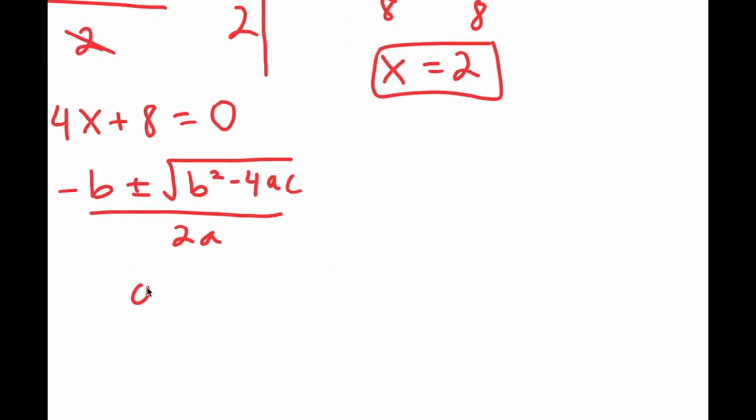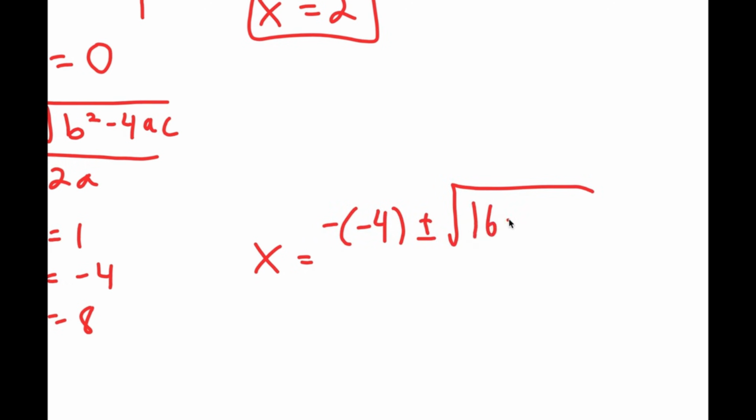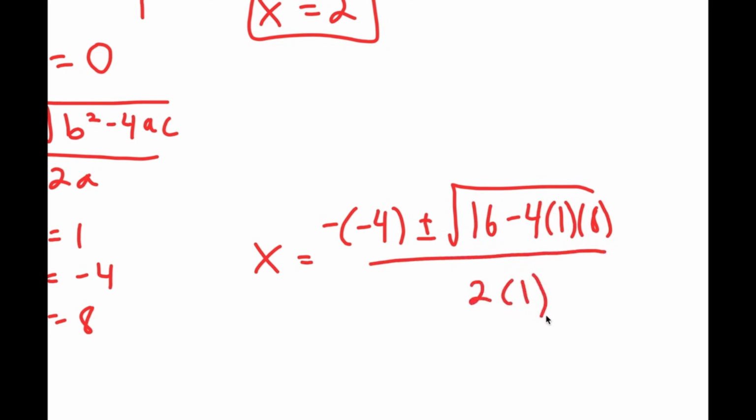In this case, a is 1, b is negative 4, and c is 8. So I have x is equal to negative of negative 4 plus or minus the square root of negative 4 squared, which is 16, minus 4 times a, which is 1, times c, which is 8, all over 2a, so 2 times 1.